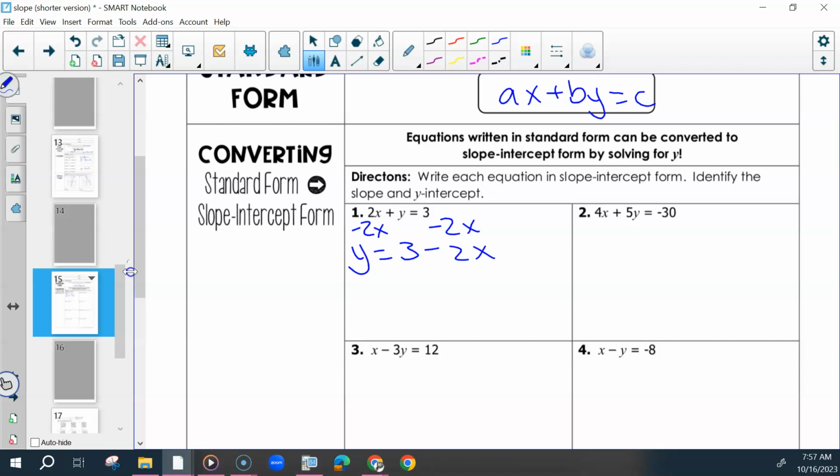So when you subtract it to the other side, you could just switch these two in the same process. Now, when you flip them, you have to make sure whatever sign came with it stays with it. So we subtracted 2x, so when we move it, it has to still be a negative or minus. The 3 was positive, so it has to still be plus. Okay. Questions on that one?